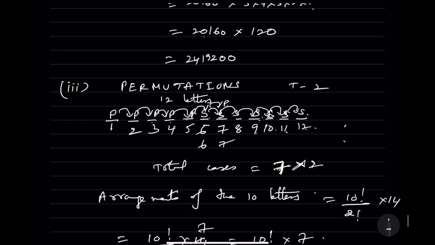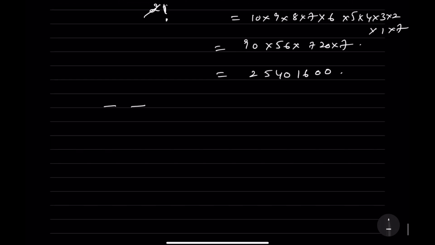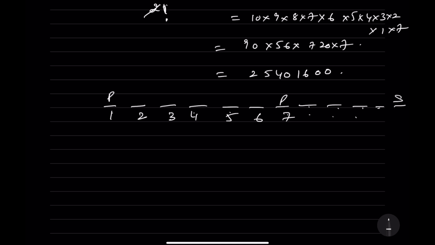Because we are putting P and S in such a way that P and S always have a difference of 4, and it cannot cross 1, 2, 3, 4, 5, 6, 7, 8, 9, 10, 11, 12. Because P can be in the first place, second place, third place, fourth place, fifth place, sixth place, seventh place. When it's going, you should have a difference of 4. So when P is over here, 1, 2, 3, 4, and then S, it cannot be more than that.